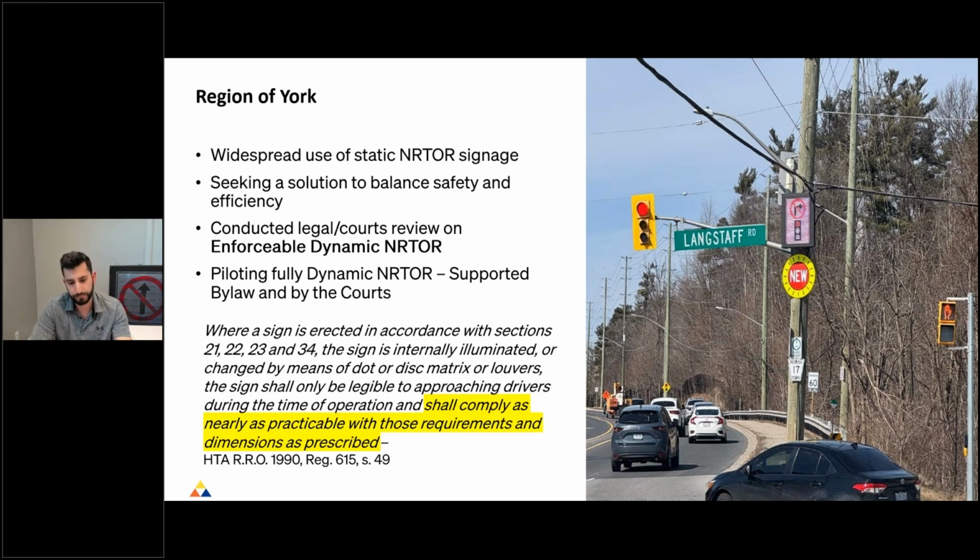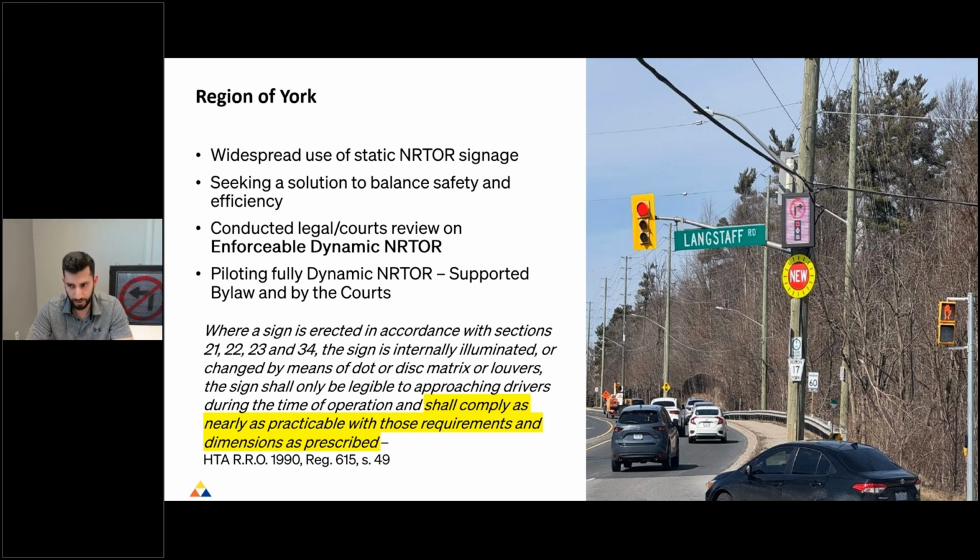So at a recent Greater Toronto Area ITS Summit, the Region of York presented this use case in a very interesting demonstration. Essentially, they've been exploring dynamic no right-hand turn on red solutions and have conducted a very extensive legal review with their courts and bylaw department. This is to determine how an electronic dynamic no right-hand turn on red sign could be enforced. The basis for the region's argument was the Highway Traffic Act Regulation 615, Section 49.